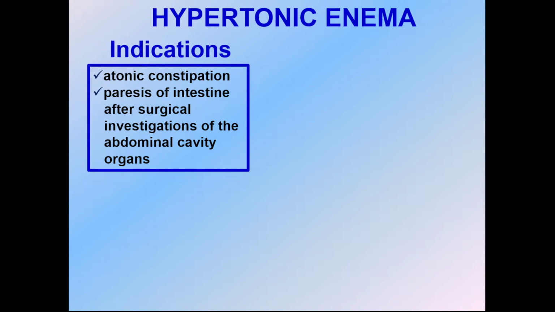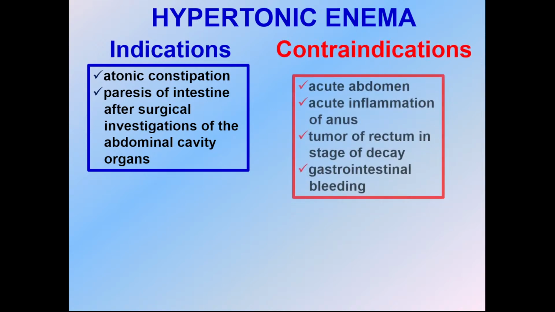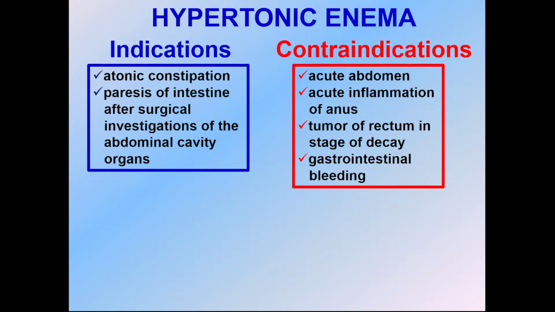Also in case of paresis of the intestine after some surgical manipulation or after a brain stroke, when there is a complete disbalance between the central and vegetative nervous system. Same contraindications as for any enemas.